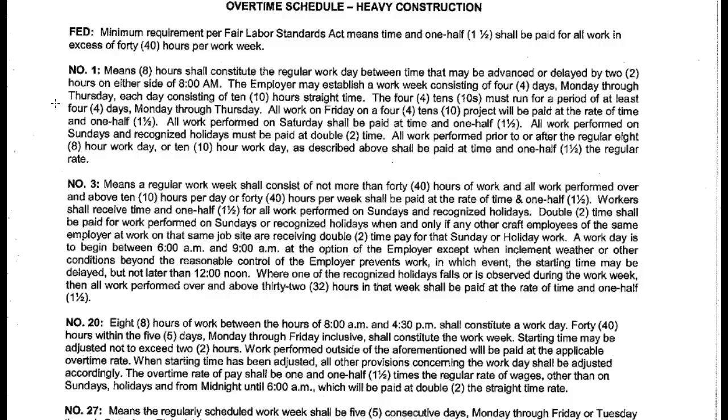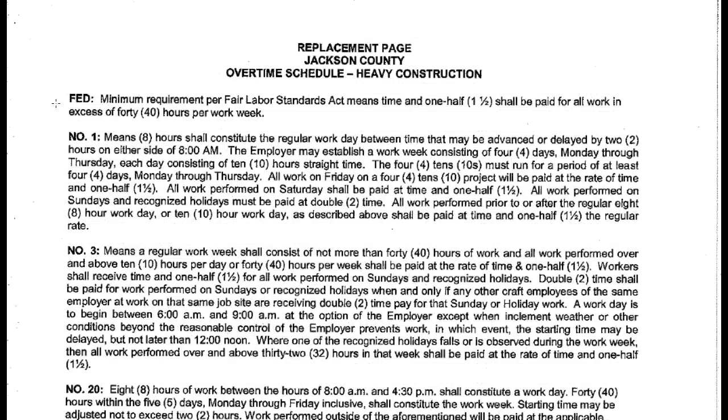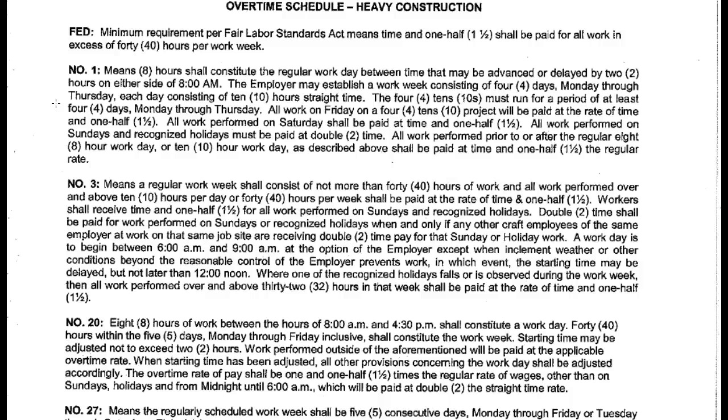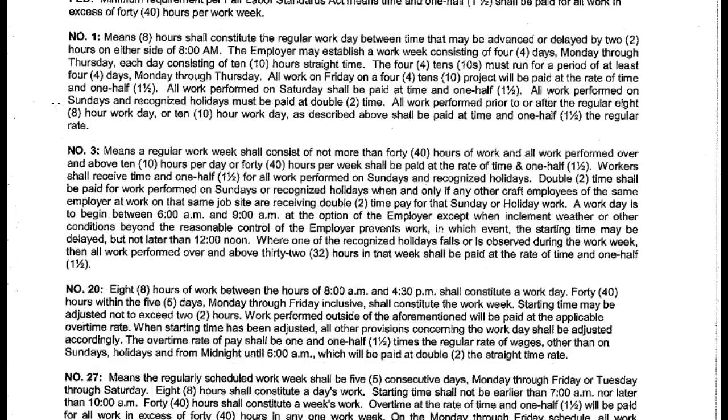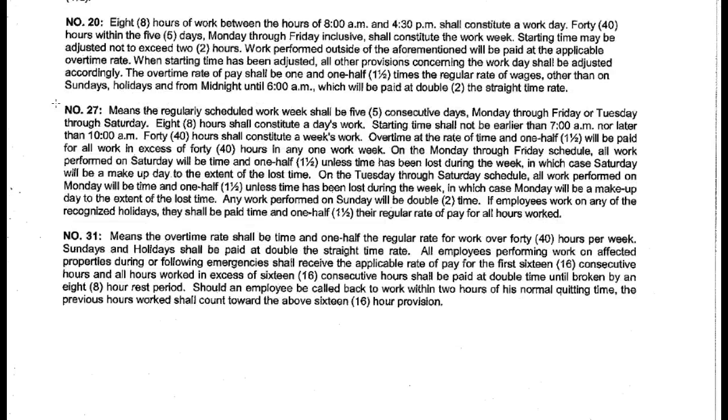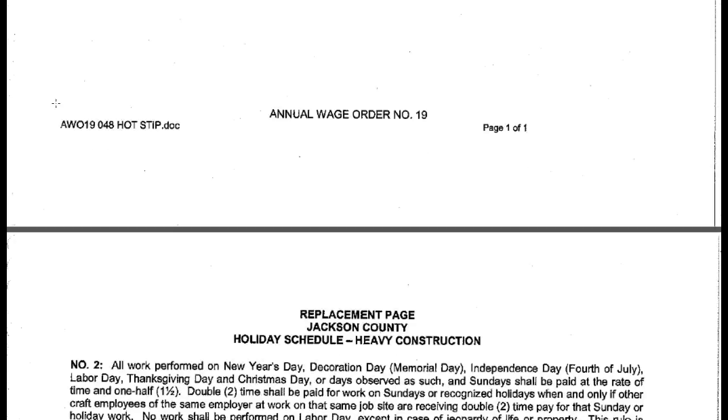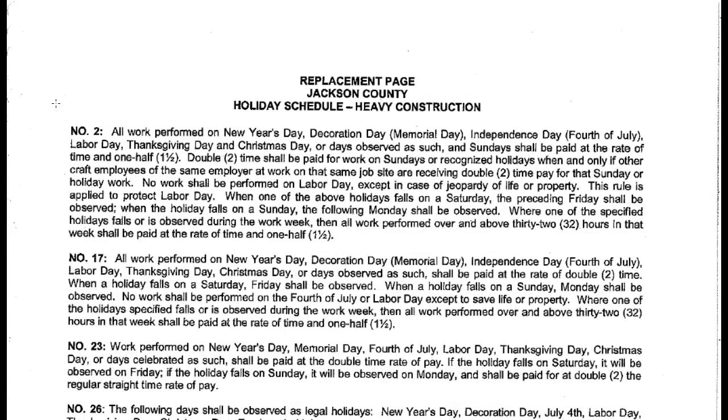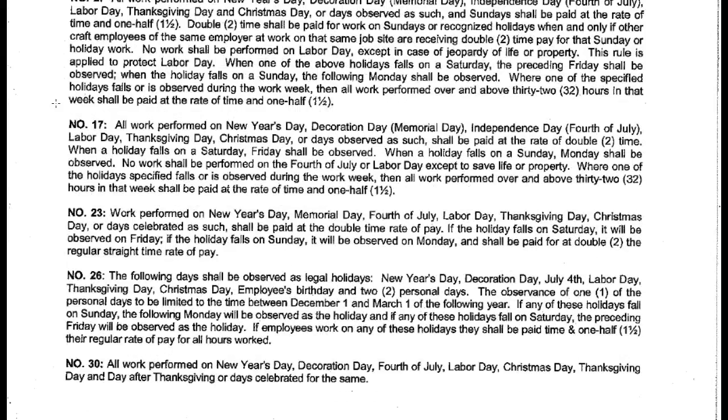Now, if the wage statement, wage order changes, once a job gets going, you don't have to worry about it. The wage rate that's advertised with the project, that's the legal wage rate or wage schedule when you start the project, is the one that applies for the job. So you don't have to worry about changing things in the middle if the wage rate changes.